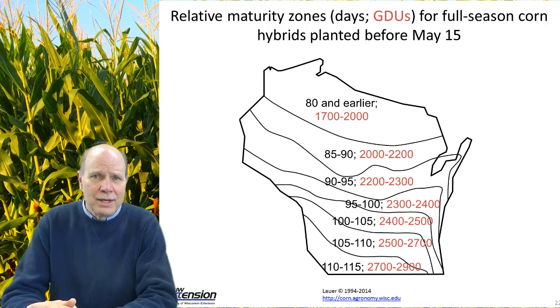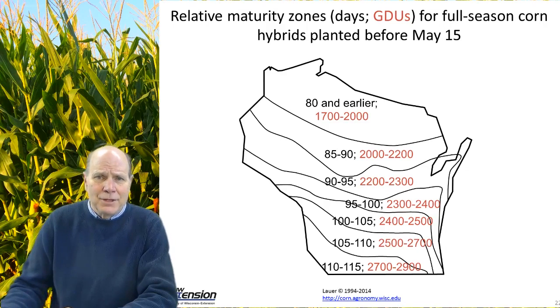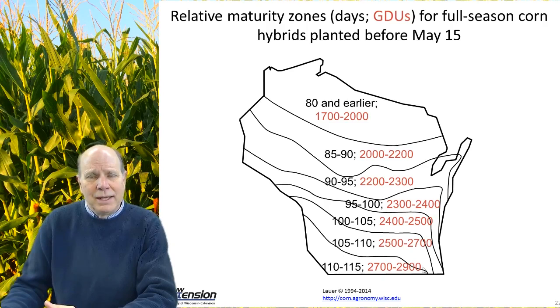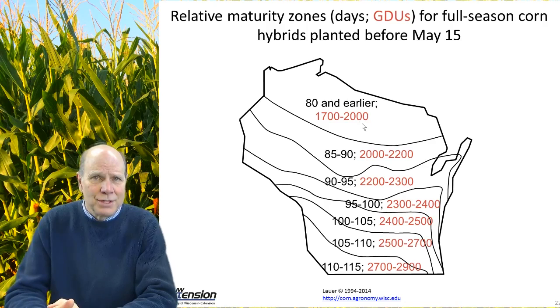As you move south, growers down there enjoy a lot longer growing season than we do in the northern tier of states in the U.S. In the southern part of the state here, we'll typically grow about a 110 to 115 day relative maturity hybrid, and that requires about 2,700 to 2,900 GDUs to complete that life cycle. In the north, we'll typically grow about an 80-day hybrid, and we only get about 1,700 to 2,000 GDUs in the northern part of the state.